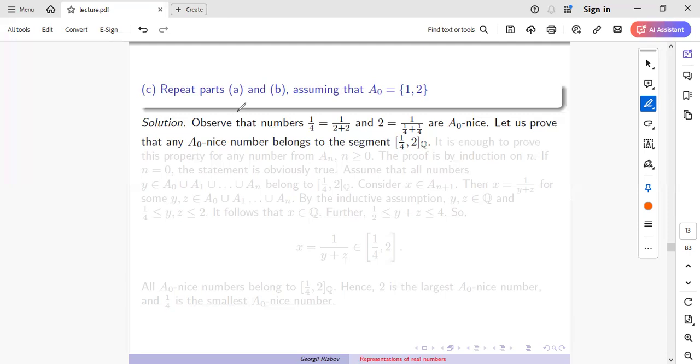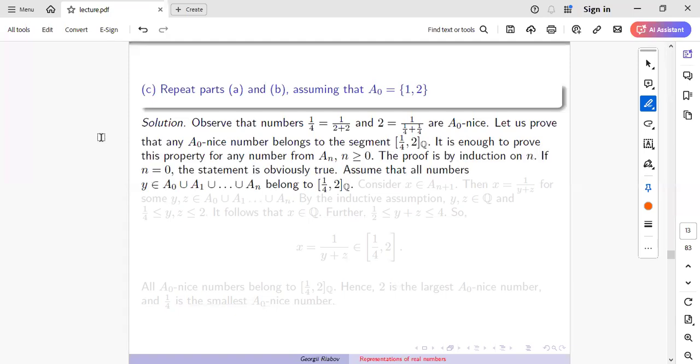And as we did in part A, let's prove that any nice number is rational and belongs to the segment 1 over 4 to 2. The proof is similar, also by induction on n.